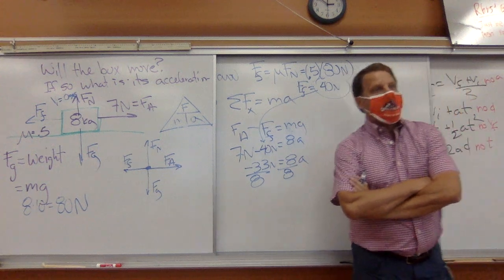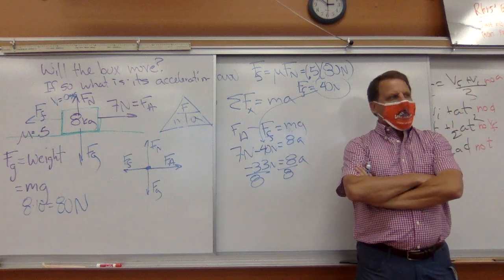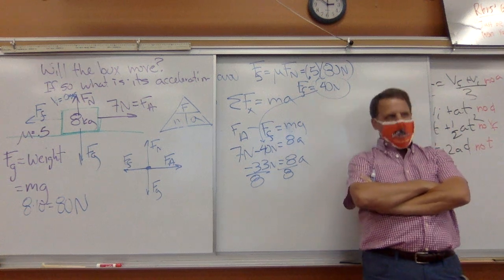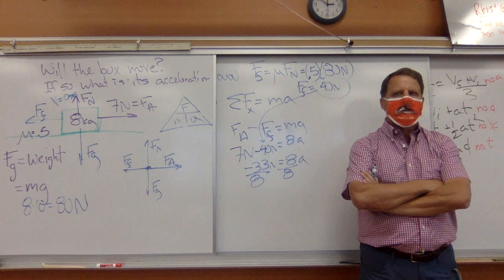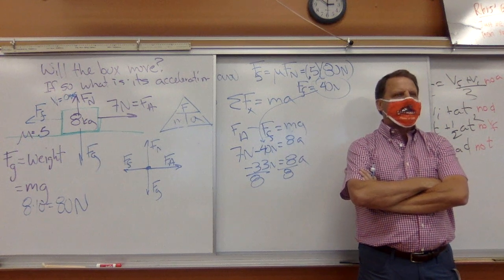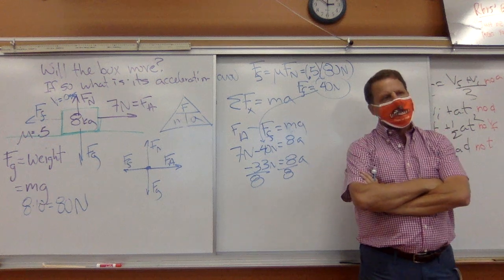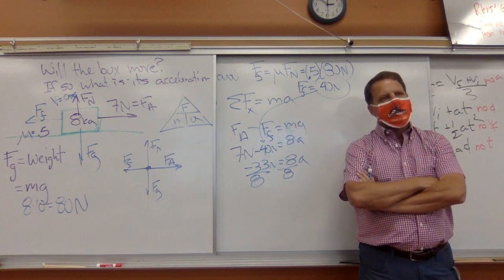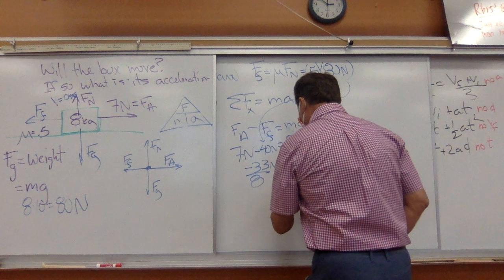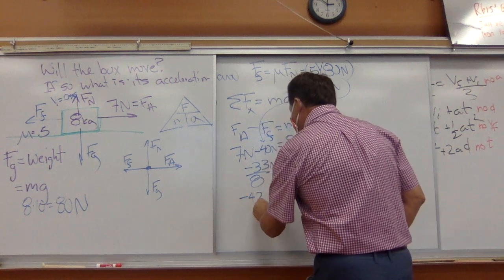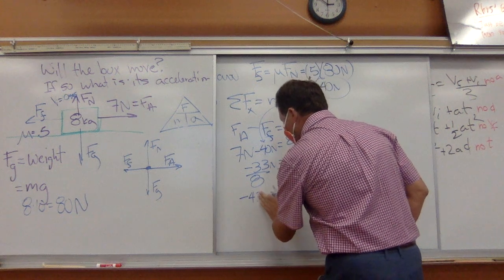So on your calculators, tell me what negative 33 divided by 8 is. I believe it should be like negative 4.125. Did I do that right? Yeah. Okay, so our acceleration is equal to negative 4.125.